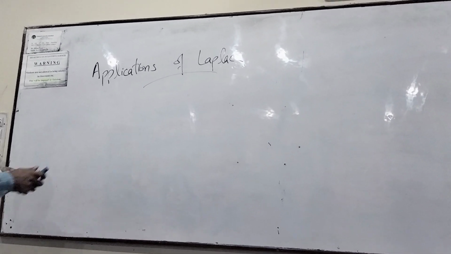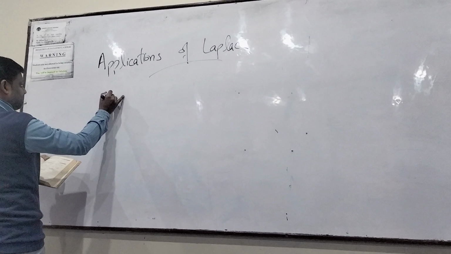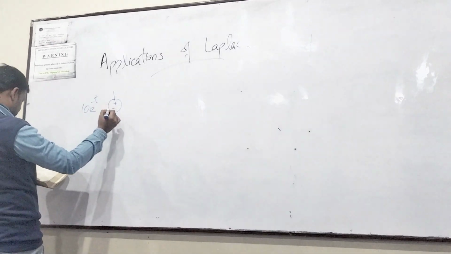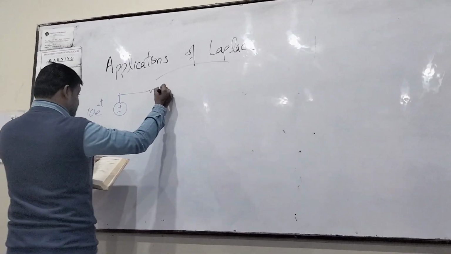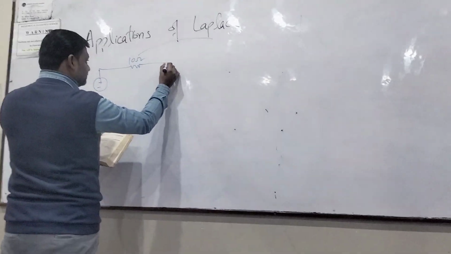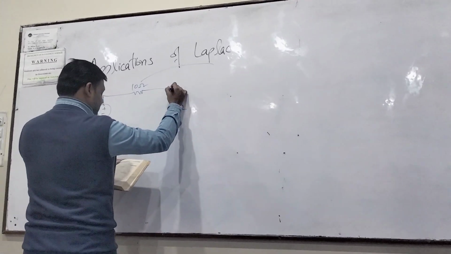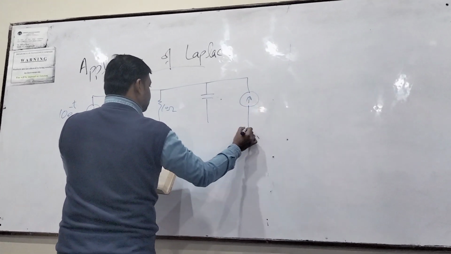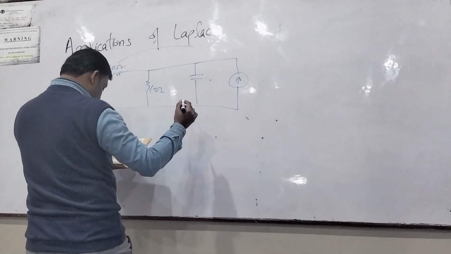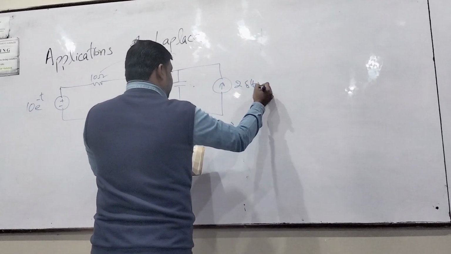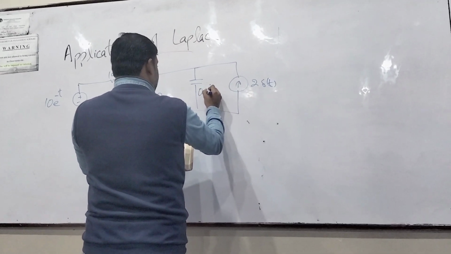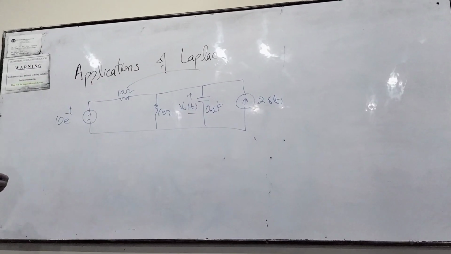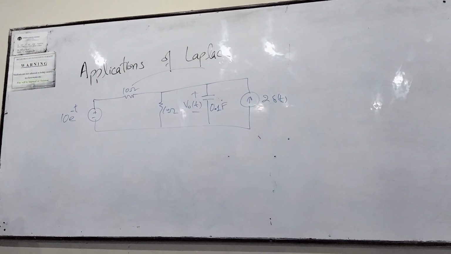Let me draw. It's saying find V naught of t in the circuit of figure 16.7.